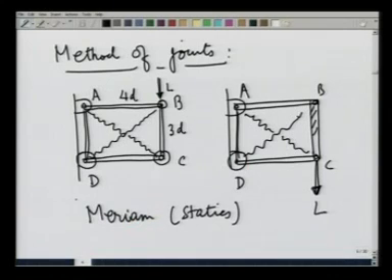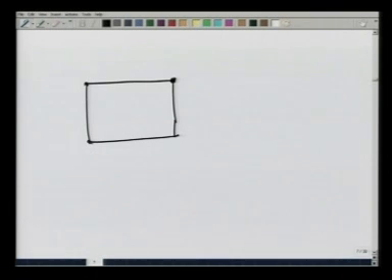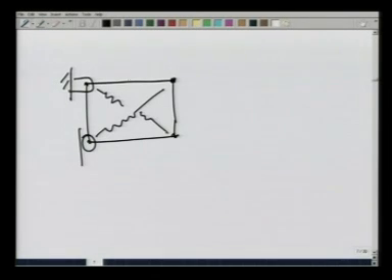So, let us first take this particular case where we have, I will just make it in a very simple manner, these points. This is on a roller, this is on a fixed pin, this is a rope, this is a rope, this is the load. This is 4D, this is 3D.